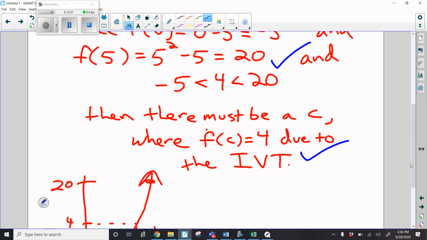Okay, so when I'm checking these justifications, I'm reading them to see if they're making sense, and I'm looking for those 3 things. If you just say yes because of the IVT, you will not get any credit. So we have to be very careful with our justifications here.